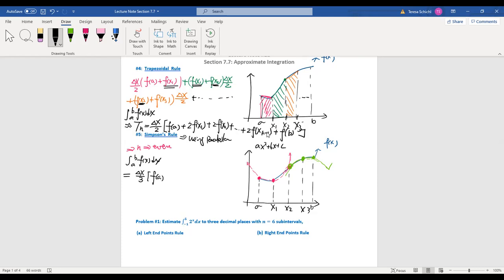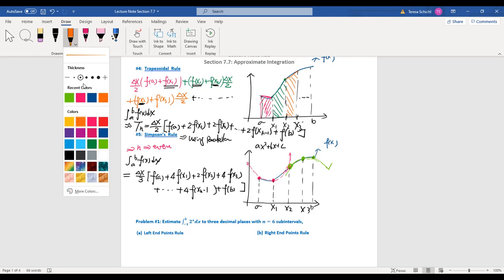Now this will be plus 4 f of x1, and then 2 of f of x2, then 4 of f of x3, then continuing till 4 of f of x(n-1) plus f of b. Okay, so I'm going to write in here the constant coefficients, right?